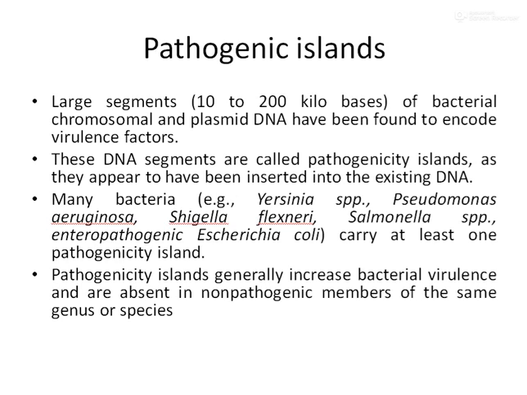Now, if you consider Yersinia species, Pseudomonas aeruginosa, Shigella flexneri, Salmonella species, etc., they carry at least one pathogenic island. And the pathogenicity islands generally increase the bacterial virulence and are absent in the non-pathogenic members of some genus as well as species.